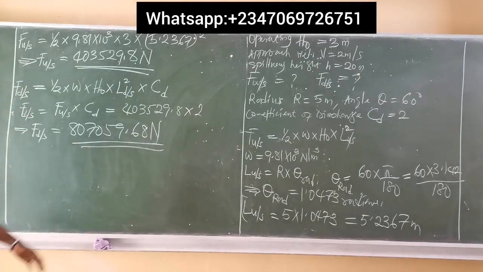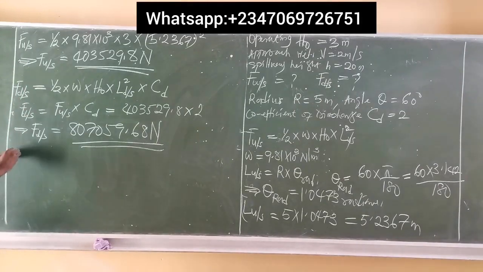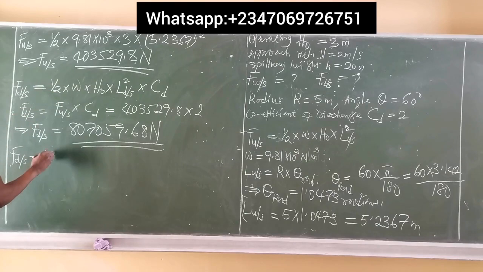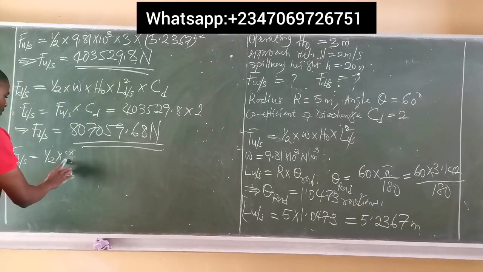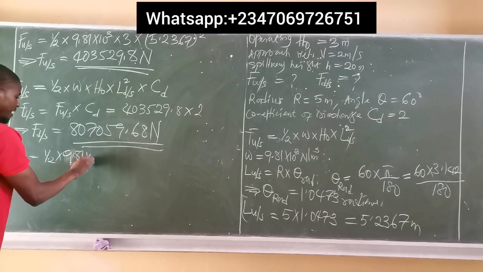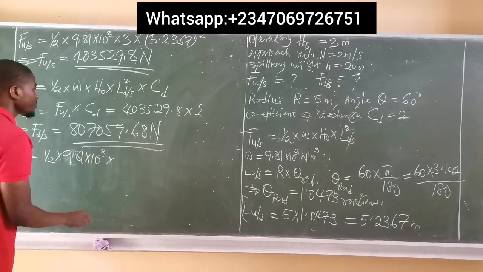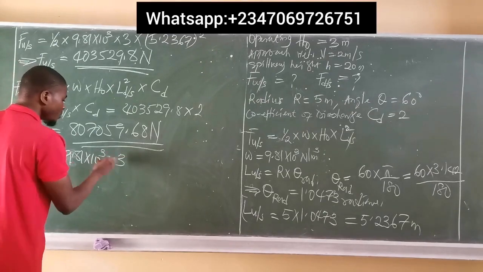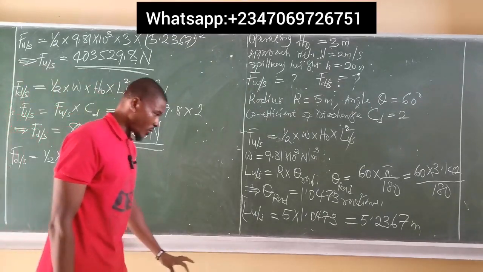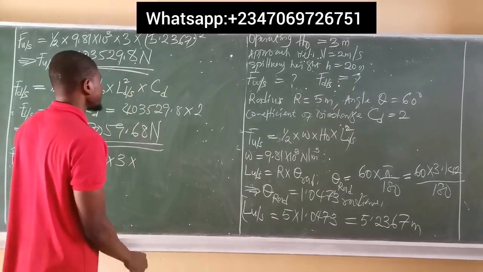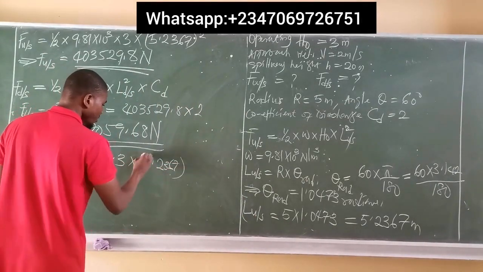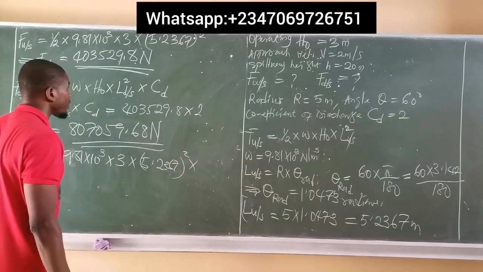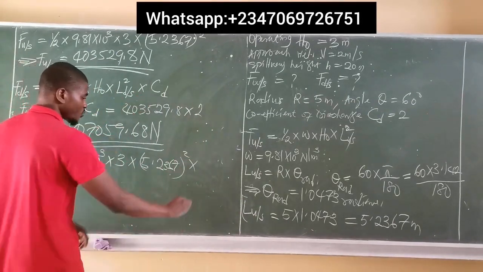Alright guys, so this is how you calculate it. You can either say that the dynamic force is equal to 1 all over 2 multiplied by the specific weight, 9.81 by 10 to the power of 3, multiplied by the operating head, multiplied by the length 5.2367 all squared, not forgetting to multiply by the coefficient of discharge, which is 2.